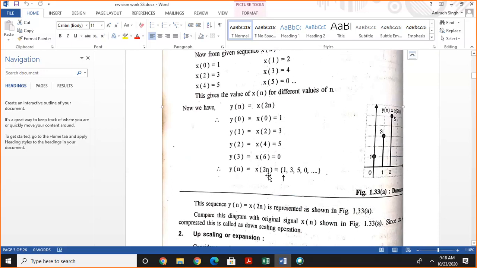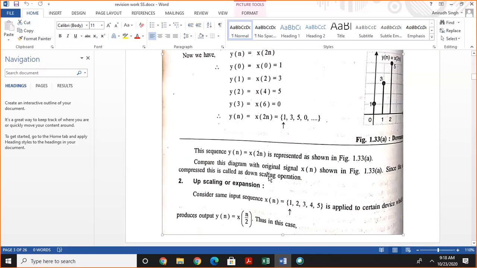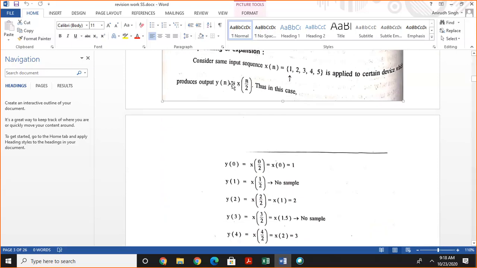The signal is compressed because if you replace this n by t, it means x of t and x of 2t. If time is increased, this event occurs in a smaller time.